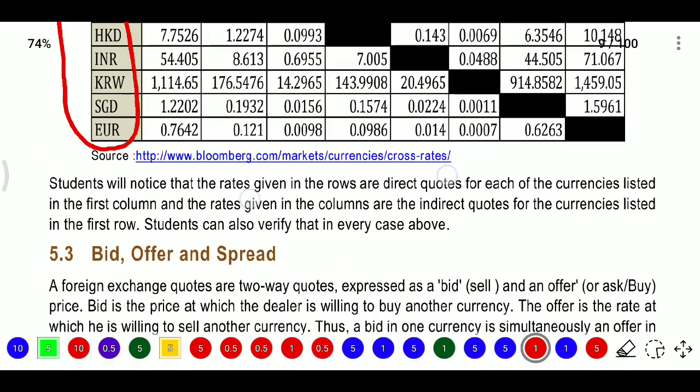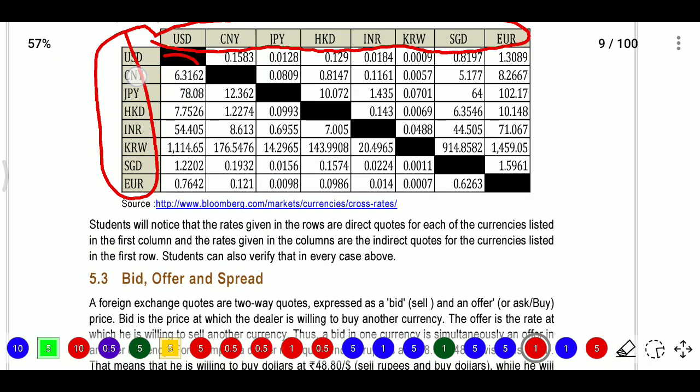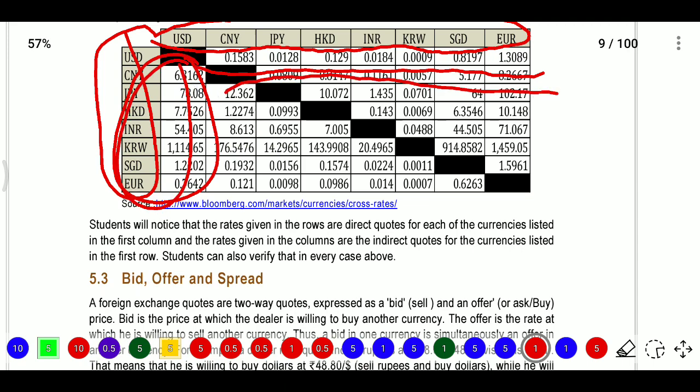Here we need to notice that the rates given in the first column are indirect quotes for the currency listed, whereas the rates given in the row are direct quotes. So row is direct quote and columns are indirect quotes.